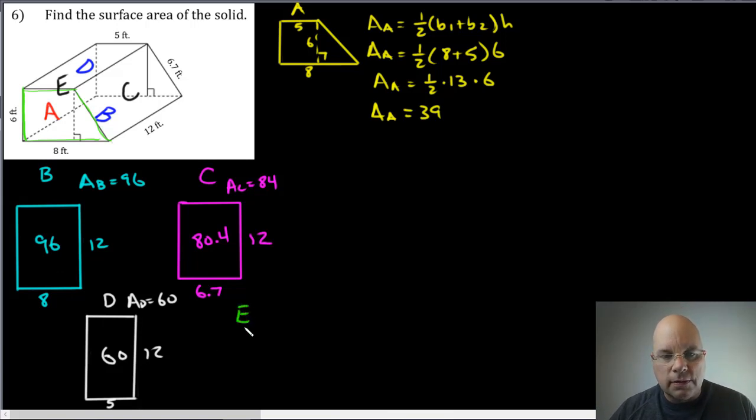Face E, another rectangle. It's got a height of 6 and a base of 12 for a total area of 72, 6 times 12.